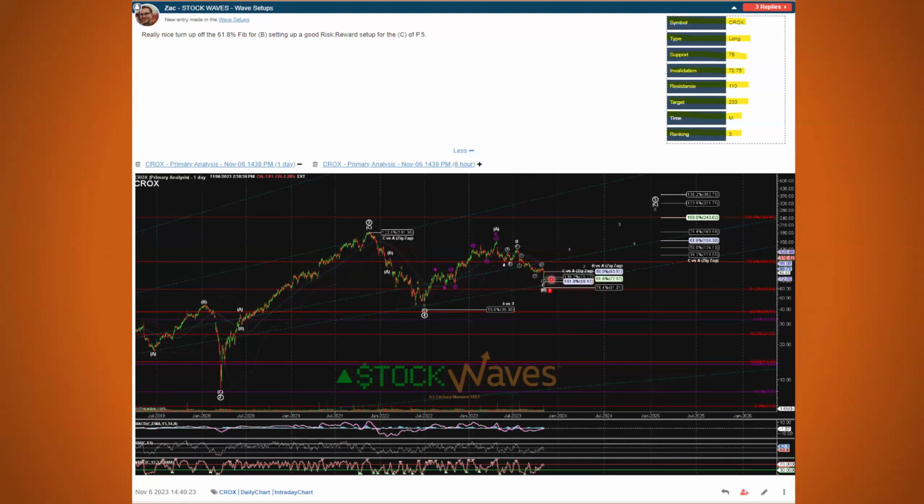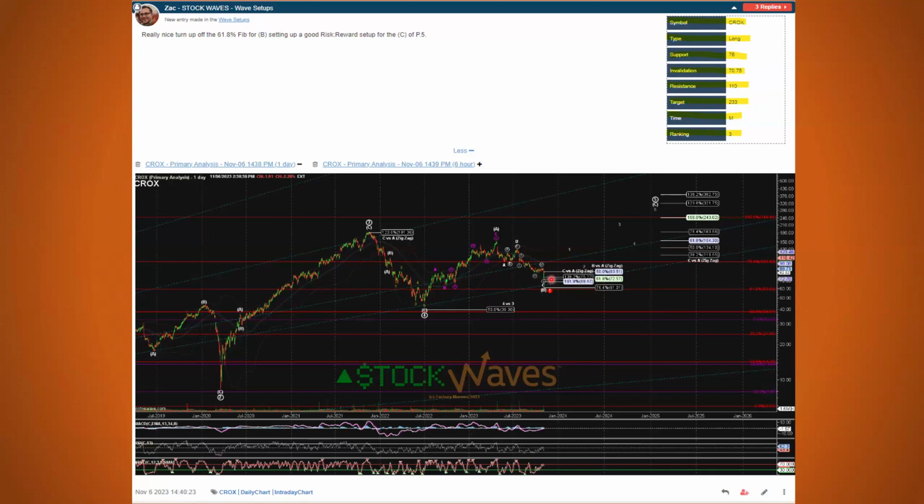Now, things don't always stop and turn on a dime at those fib levels. Those are really meant to be more general regions, but that 382 to 50% to 618 Fibonacci zone, whether it's a B wave or a wave 2, is such a high probability region that really provides a sweet spot that we use.